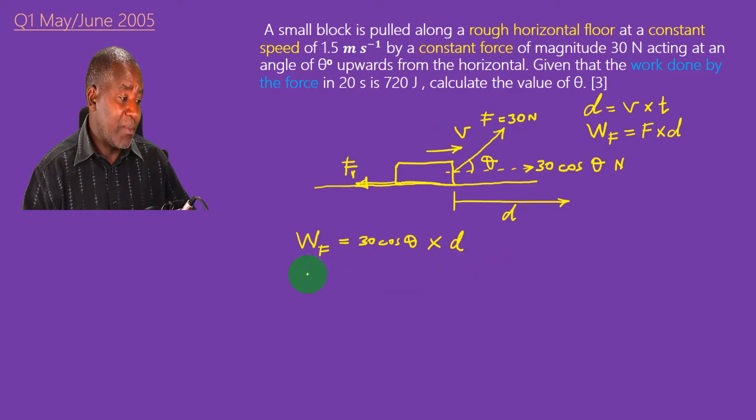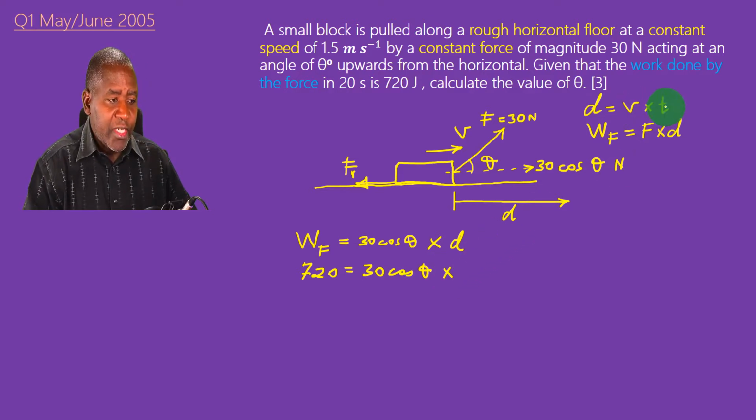because everything can be found from here. What is the work done by the force? It's 720 joules. This is 30 cos theta. The distance, we have already seen how the distance is worked out. It is the constant speed, which is 1.5, times the time, which is 20 seconds.